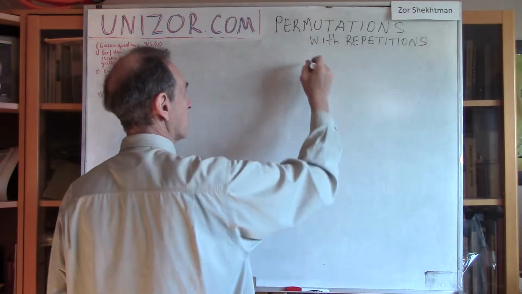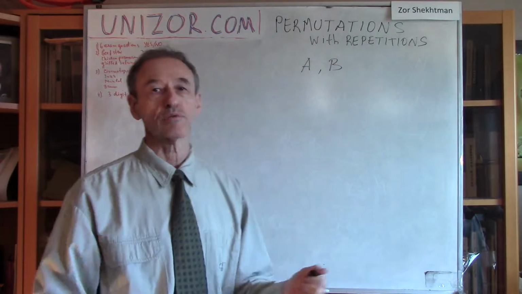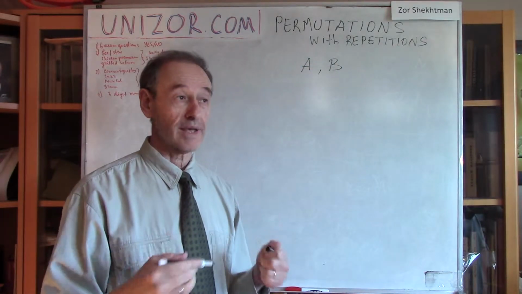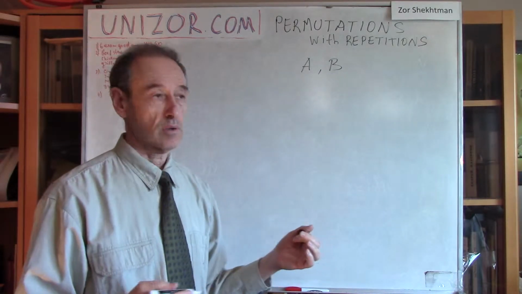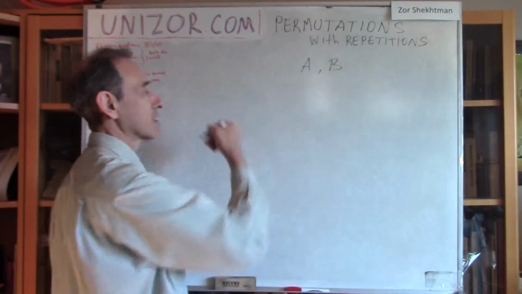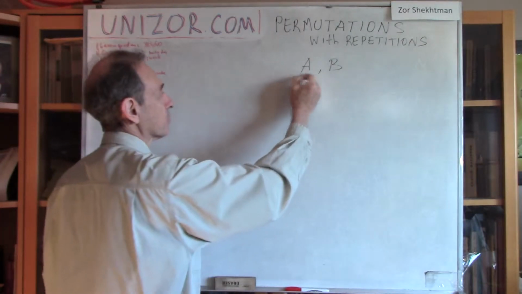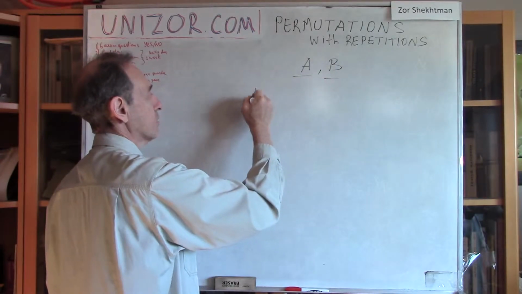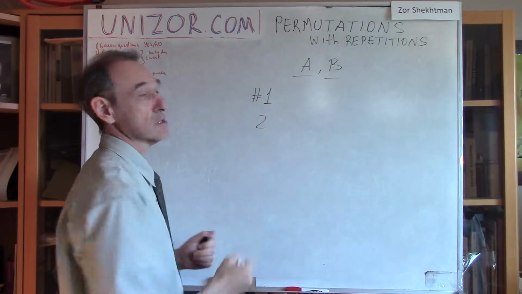Now, the example can be something like this. You have only two letters, A and B, and you would like to construct words of length 3 letters, choosing these letters. So I'm not taking out the object, I'm just using it. I'm copying from here or from here to place number 1, and there are in this case two choices, right?